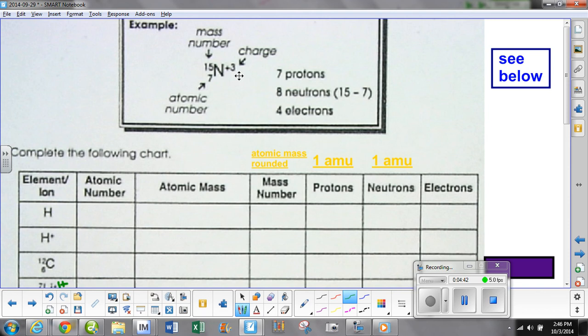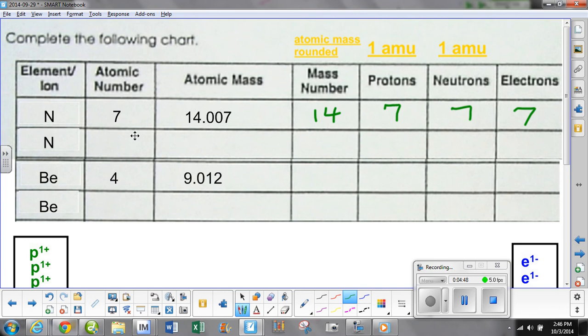For instance, nitrogen is number 7, right? Let's go back to the other page. Don't we have nitrogen? Number 7. Okay, what if we added a proton? Then what atom would we have? If we have 7 protons for nitrogen, how many would we have if we added one more proton? 8.